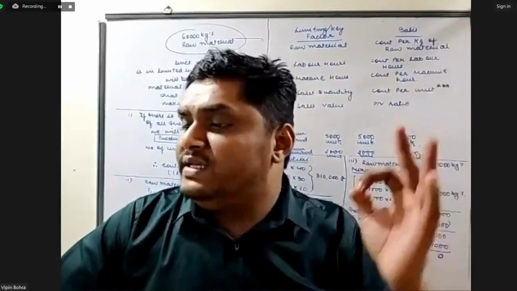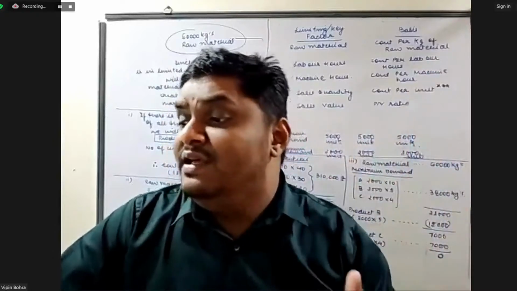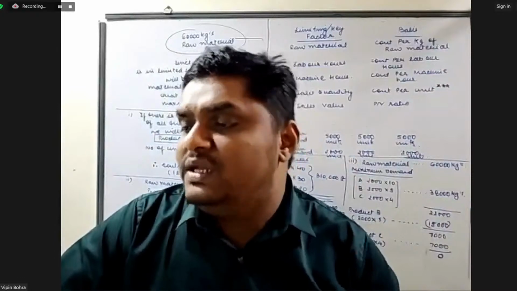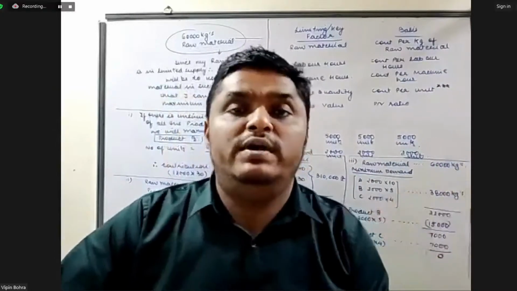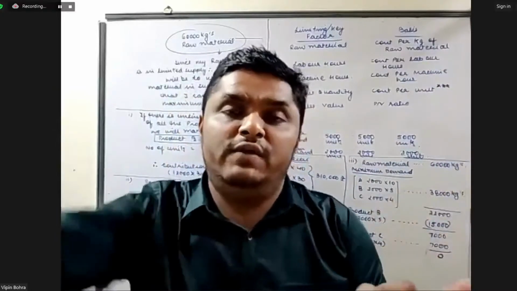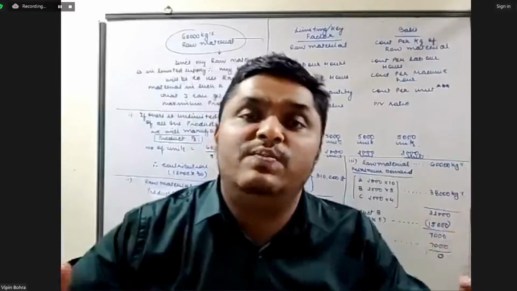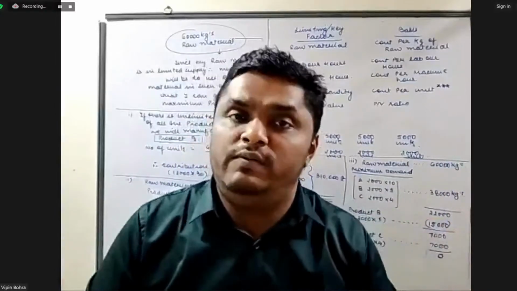Okay, so Sanya, if in the question it is said that the sales is reduced by a certain percent, then we will assume that the variable cost is reduced. Very important, Sanya. Read the language carefully. If they mention sales is reduced by 20%, it means by default variable cost will reduce by 20%.